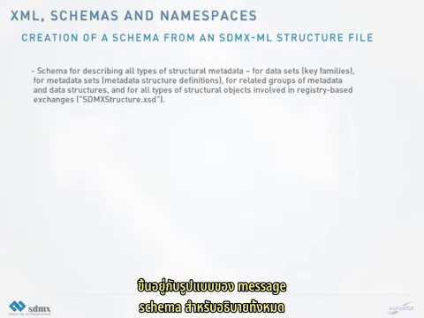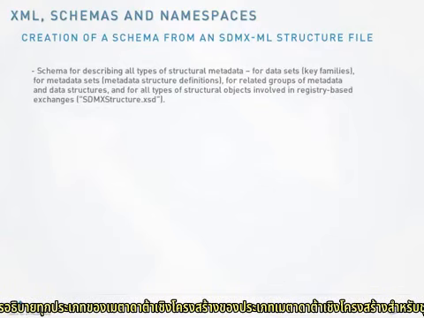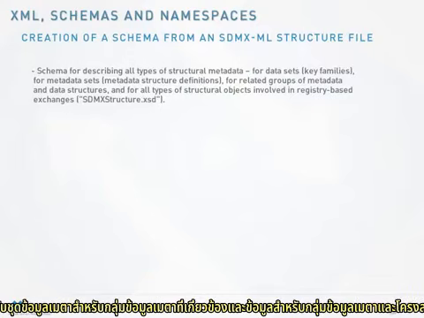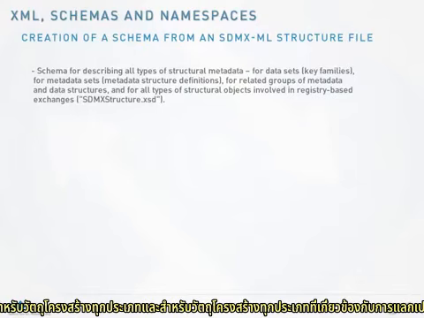Schema for describing all types of structural metadata, for datasets, for metadata sets, for related groups of metadata and data structures, and for all types of structural objects involved in registry-based exchanges.